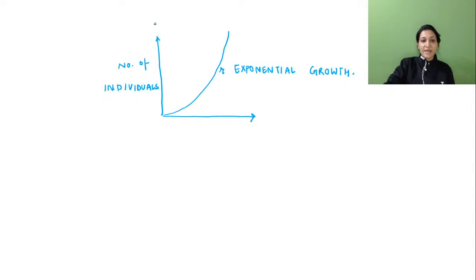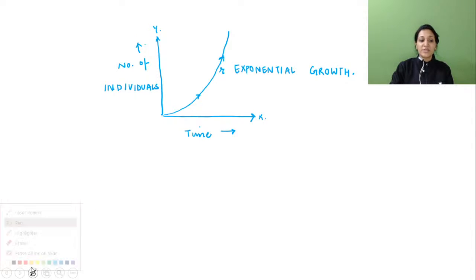This is the y-axis and this is the x-axis. On the x-axis, we are taking the time lapse. So the number of individuals is going to rise exponentially if there is no obstruction from limiting environmental factors. If the environmental factors are more than enough, it is going to increase in the positive direction.